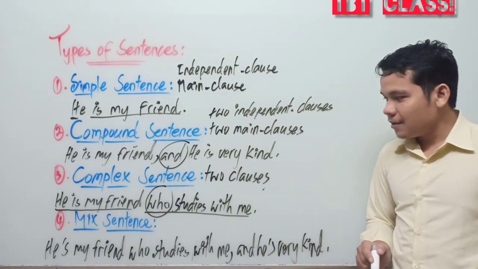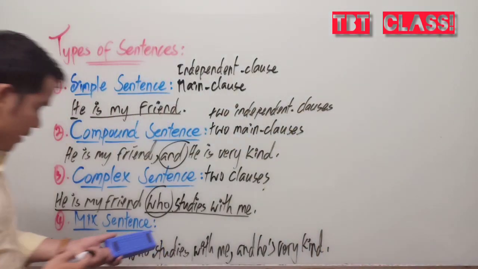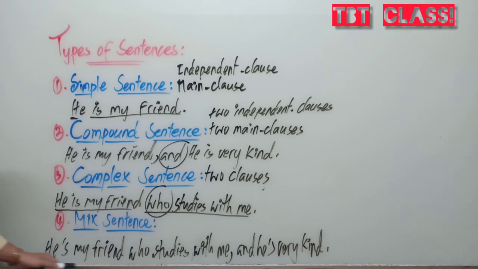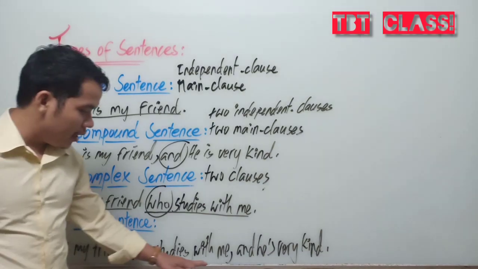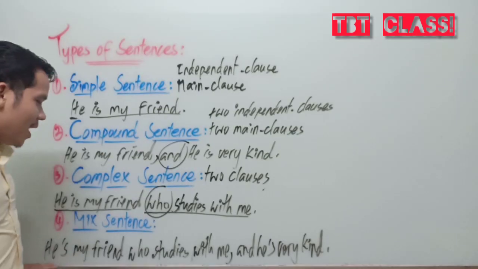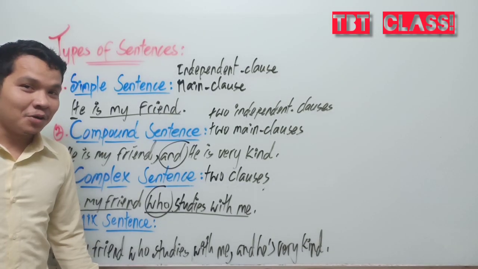Get the idea? So like this we call it a mixed sentence. One sentence, he is my friend who studies with me, another one, and he is very kind, another one. So three sentences combined together to be what we call a mixed sentence.